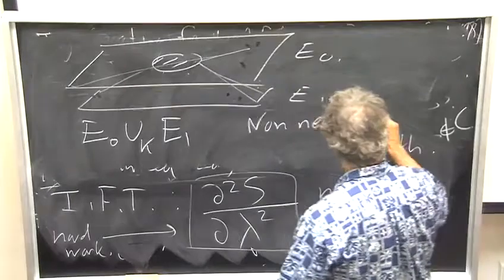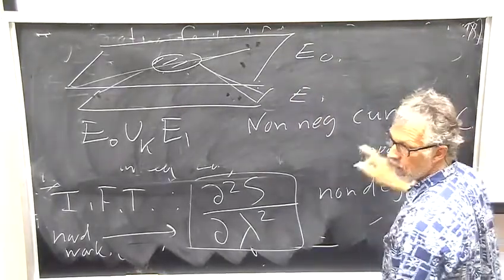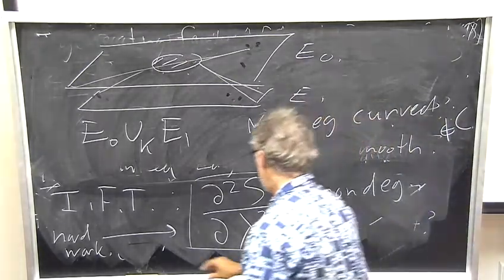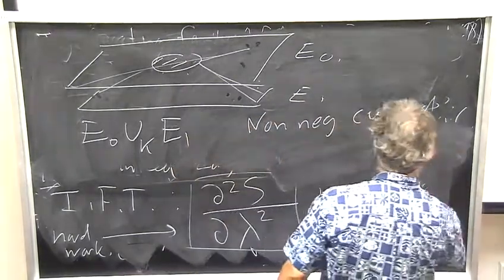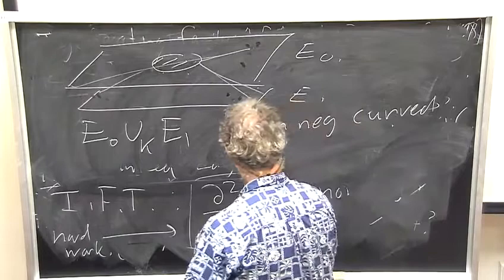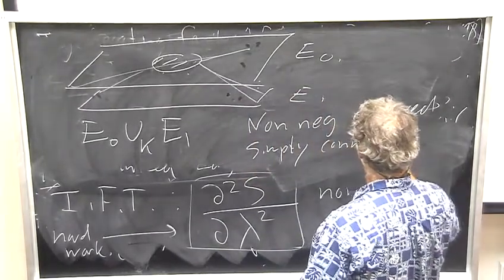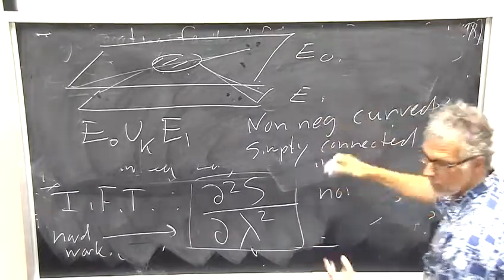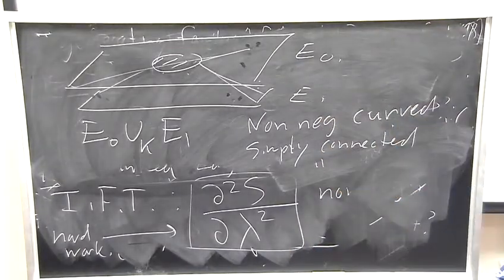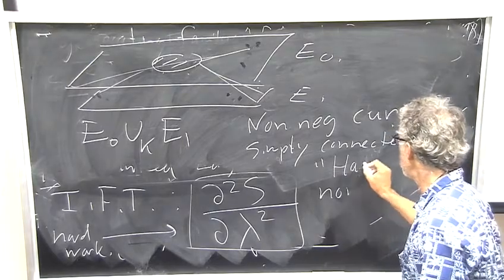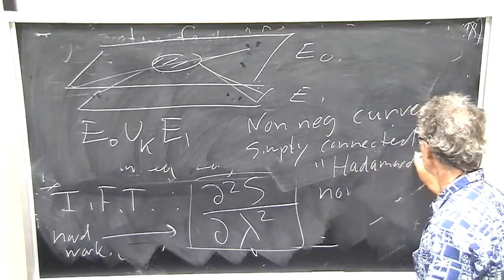So it's a metric space, non-positively curved. So you learn a little bit about how to define curvature in spaces that aren't smooth. And it's simply connected. And I got this book by Burago called A Course in Metric Geometry. This is what a Hadamard space is.